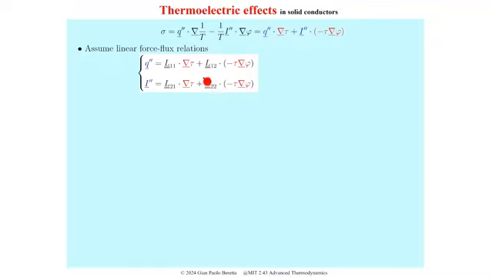So this would be instead the relation between electrical current. This is current density, so it's the flux of charge. I'm calling it now I double prime.